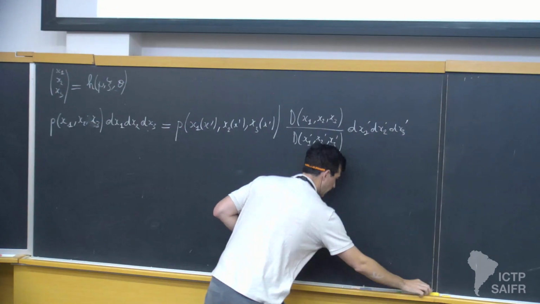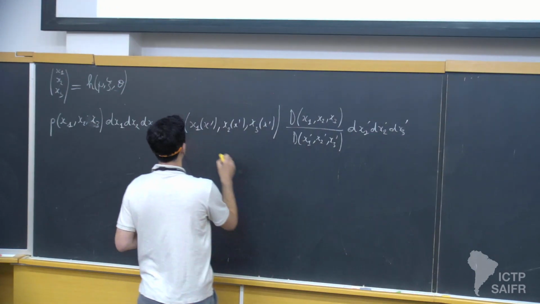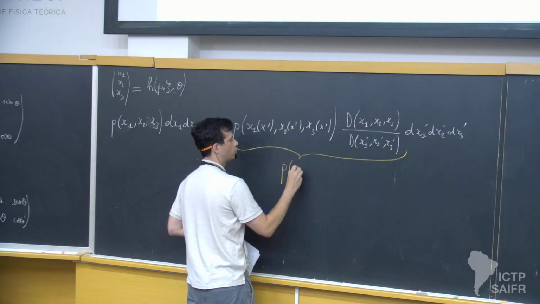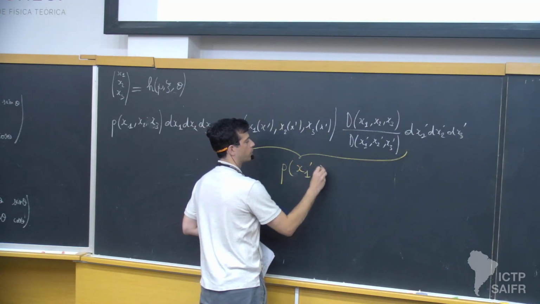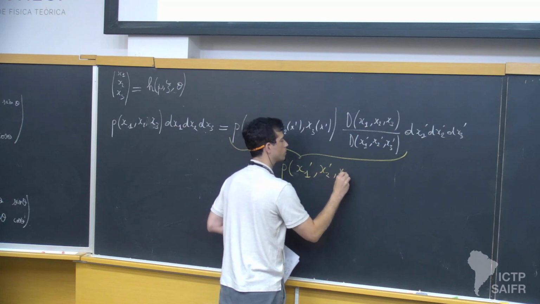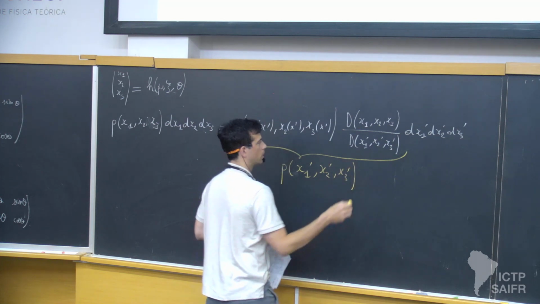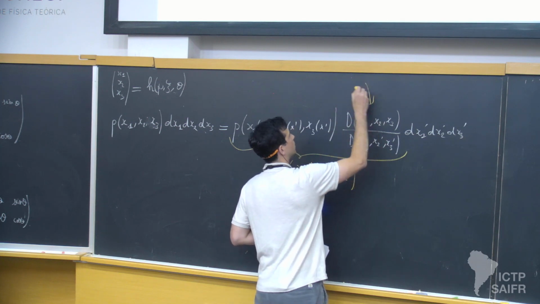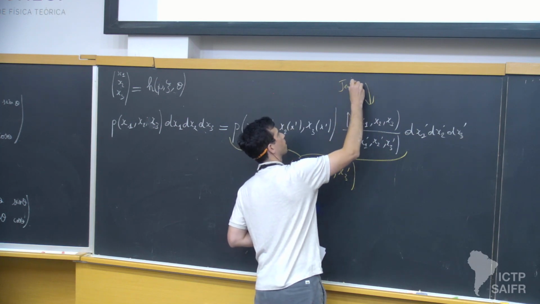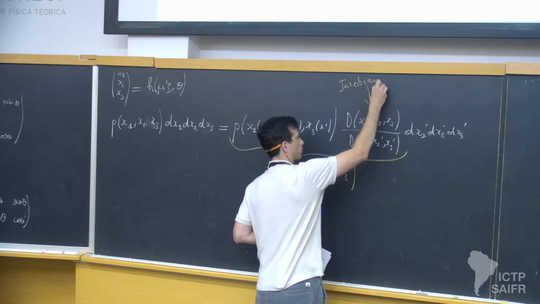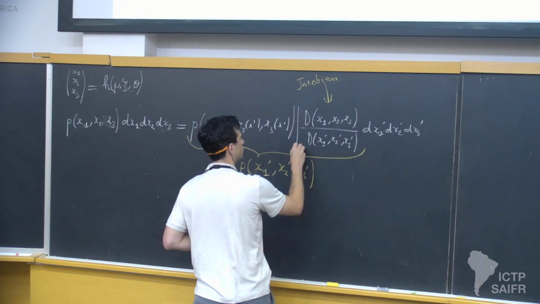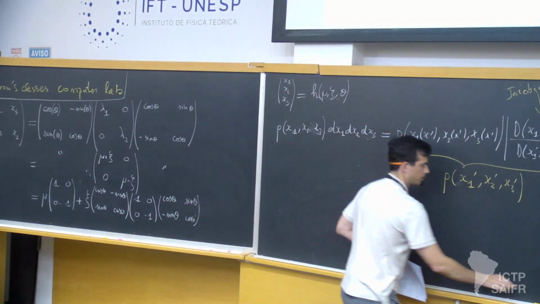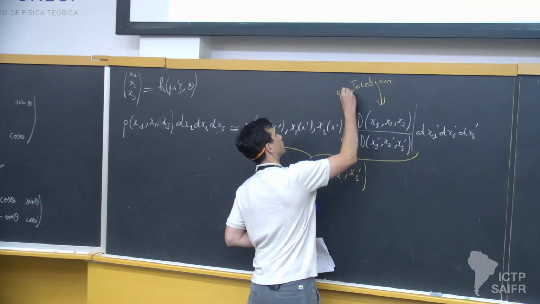By identification with what I wrote here, this whole thing would be the probability distribution written for the new variables. And this thing here is the Jacobian. This should be the absolute value of the Jacobian, so it's the determinant of the Jacobian.